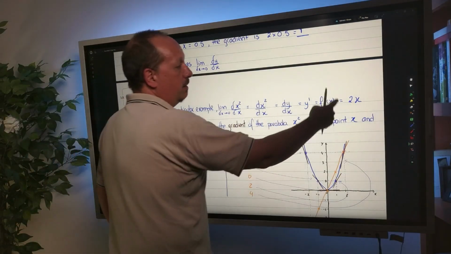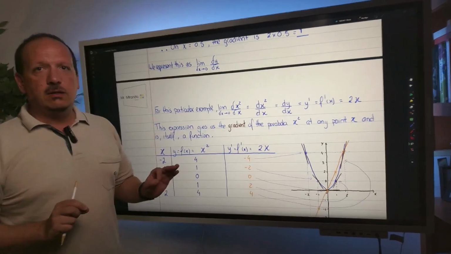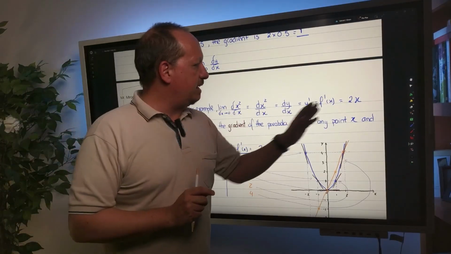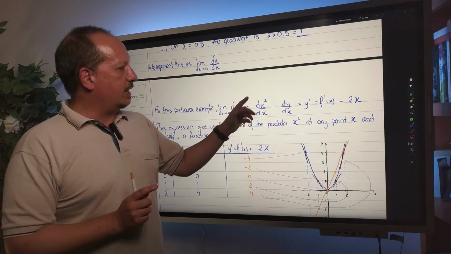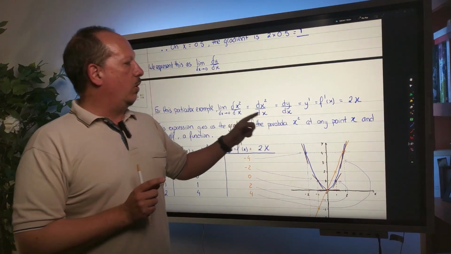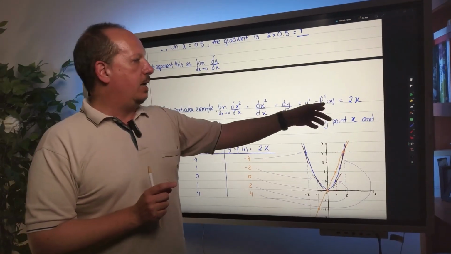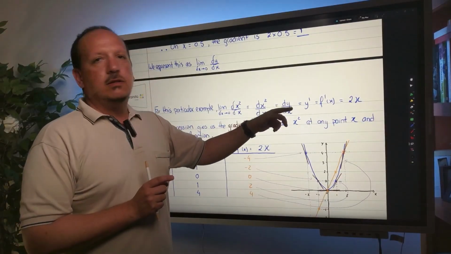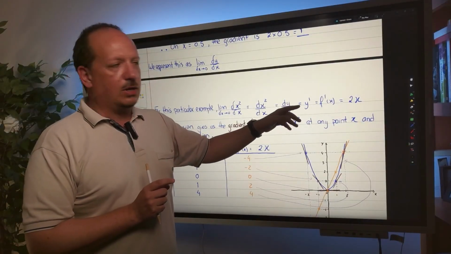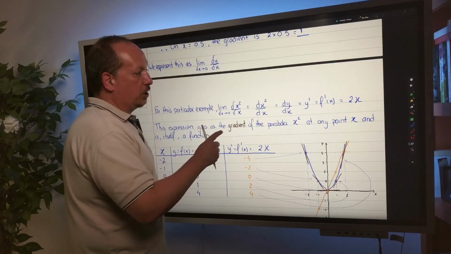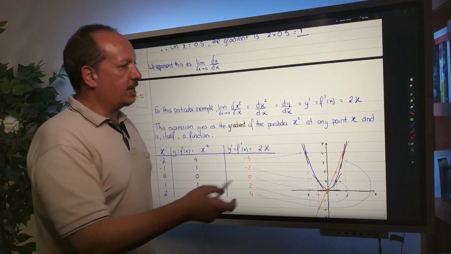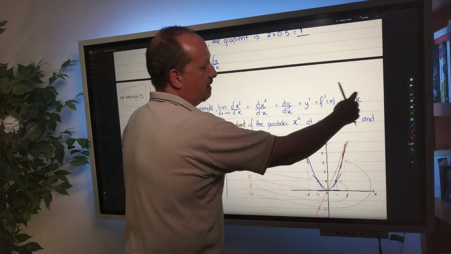All of these mean the same, okay? So don't get alarmed if you see these. You are getting the expression for all gradients. This is the derivative of the original function f of x or the original function y, all right? They all mean the same. In this particular case, when the function is x squared, the expression is this, 2x.